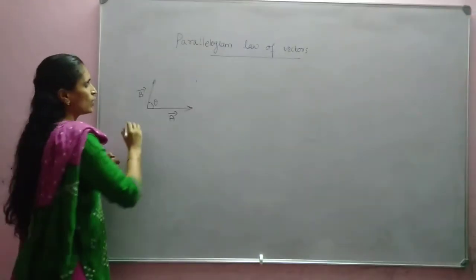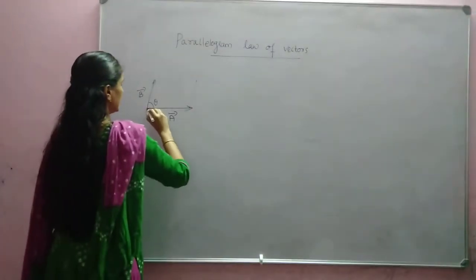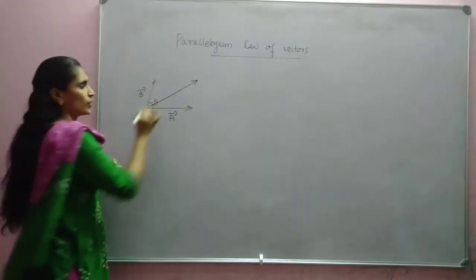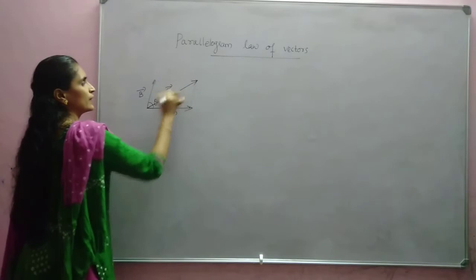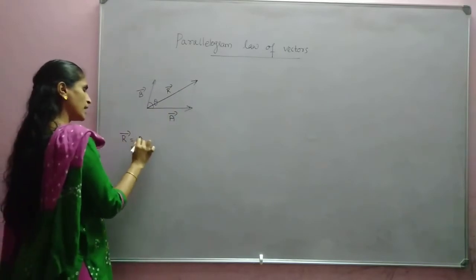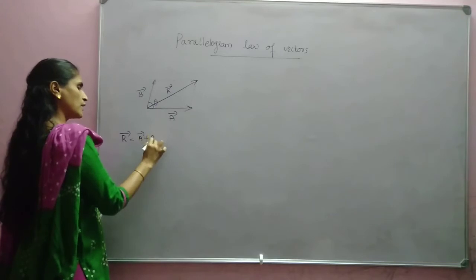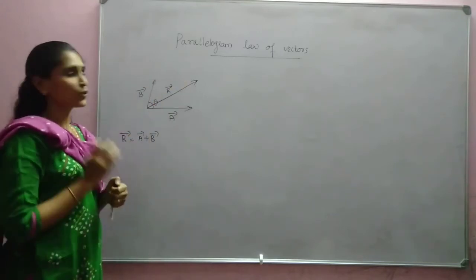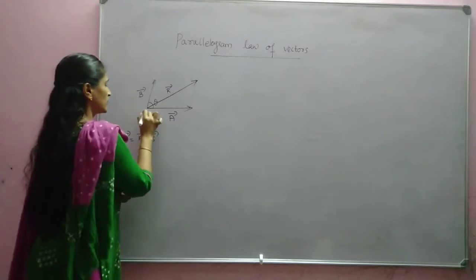Now this diagonal is the resultant. So we can write R is equal to A plus B. Now we have to find the length R.